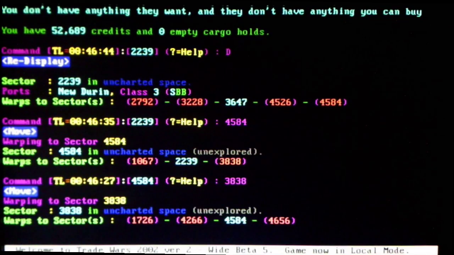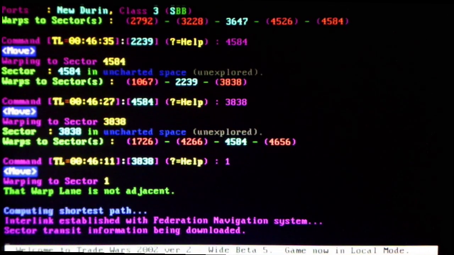Now if I were to go back to sector 1, actually let's just do that, 4656. So now we're plotting a course back to sector 1, and I think this will go against our turn count.